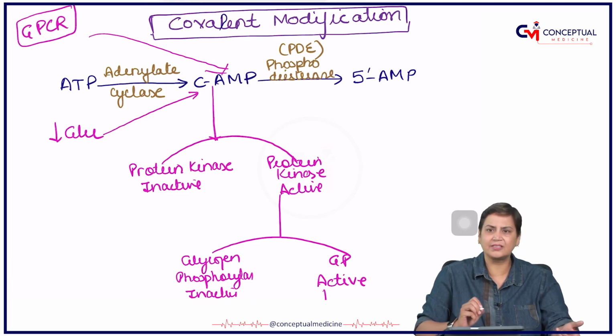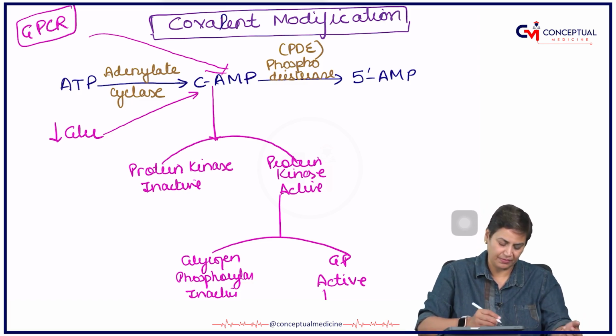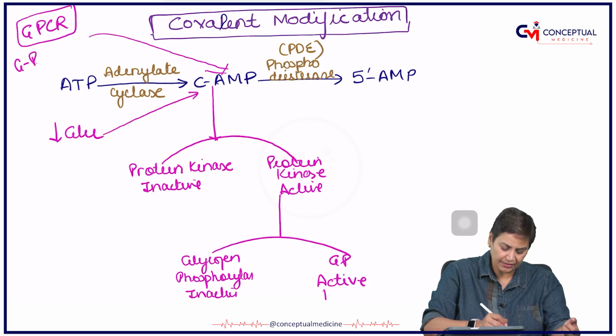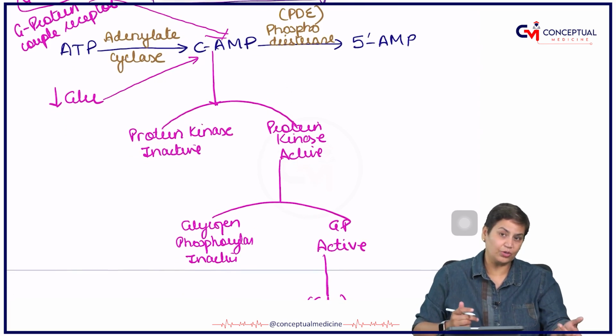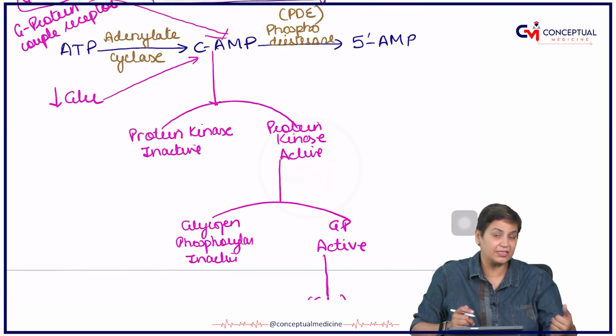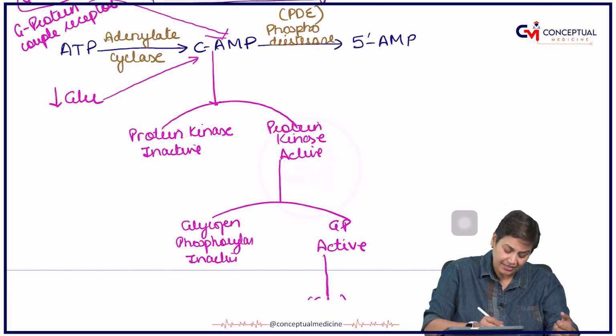This we are going to discuss again in detail. You are going to study in physiology what the different types of receptors are. So this is the G protein coupled receptor. Right? And we also know that whenever the concentration of glucose decreases, the hormones which are released are glucagon and epinephrine.